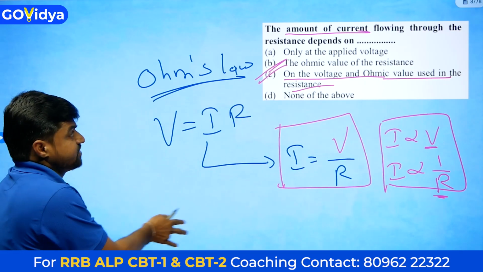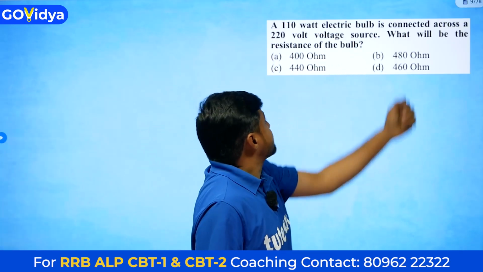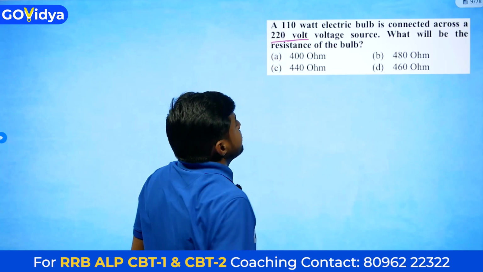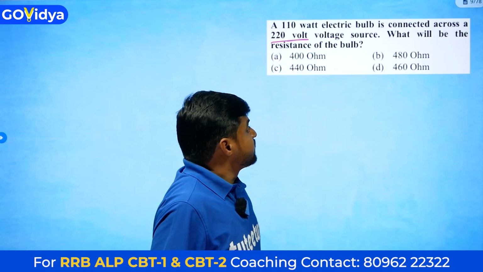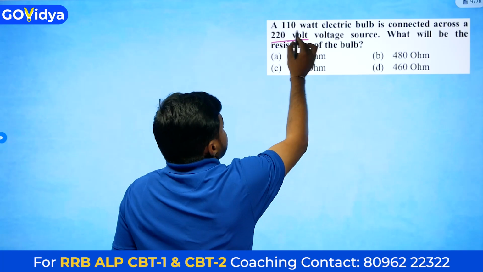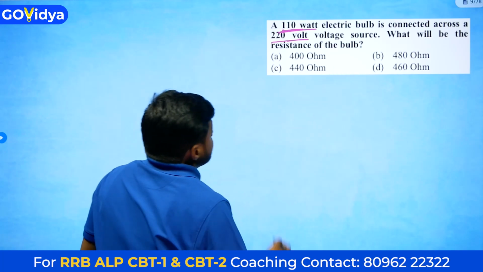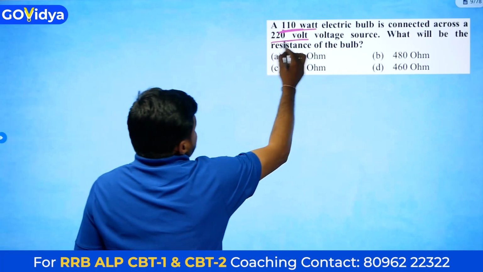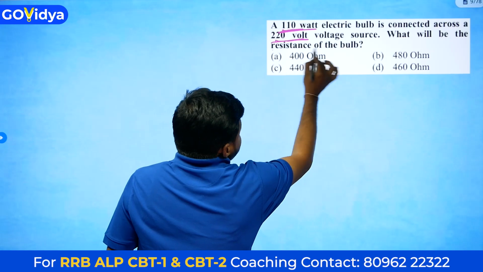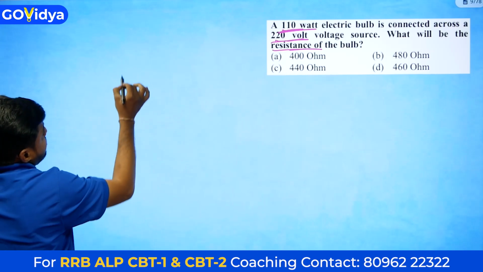Okay, next question. A 110 watt electrical bulb is connected across 220 volt voltage source. Then what will be the resistance of bulb? Power rating is 110 watts and voltage rating is 220 volts. We have power formula.